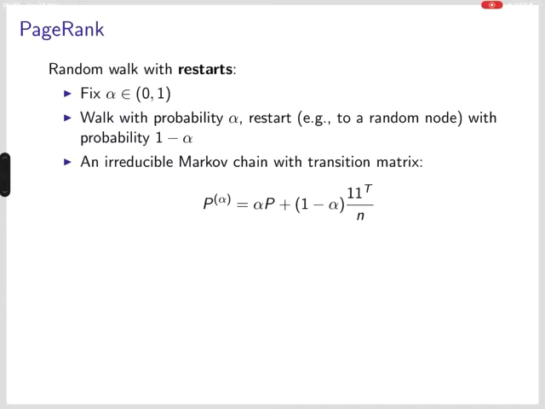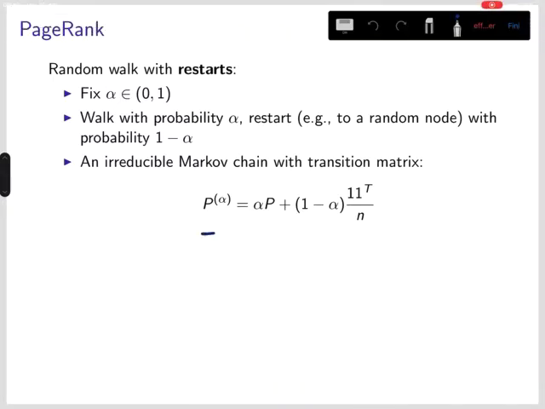And this now defines an irreducible Markov chain, which means that now the graph is strongly connected. And also, you don't have a problem of periodicity. The Markov chain is aperiodic. And the transition matrix is just that one, P, which depends on the parameter alpha.